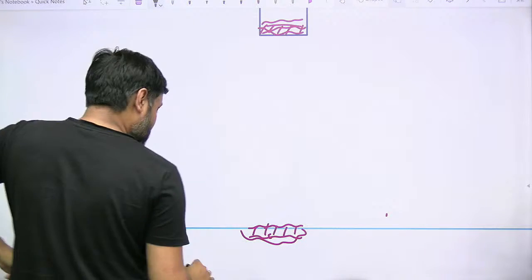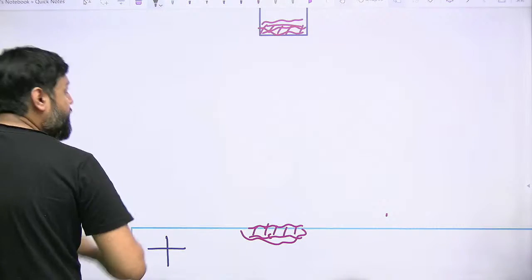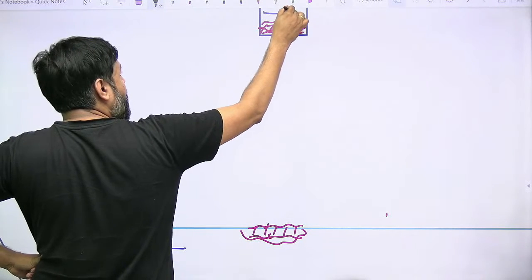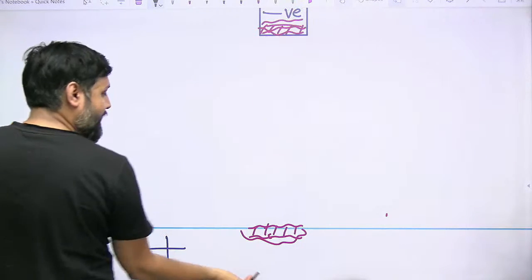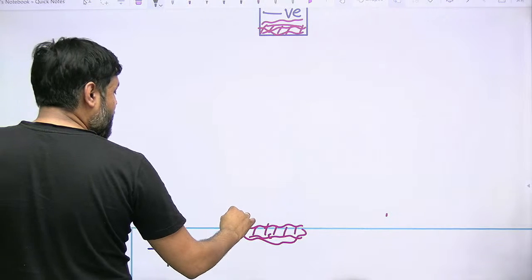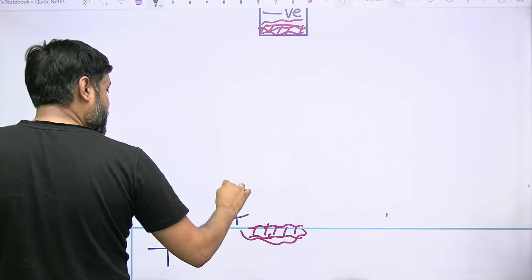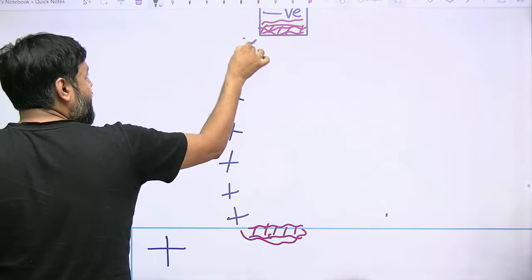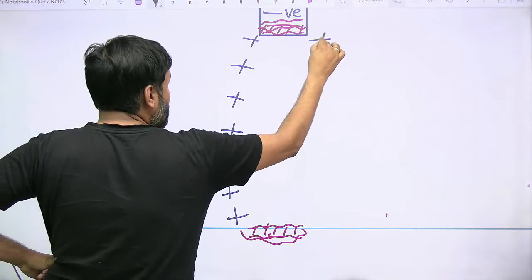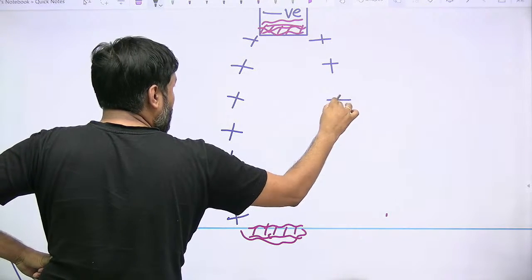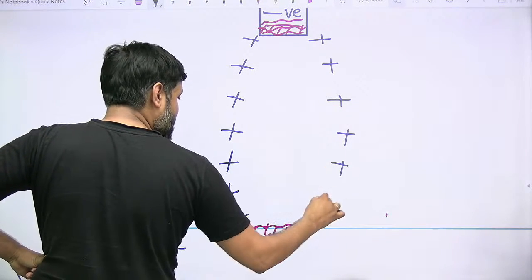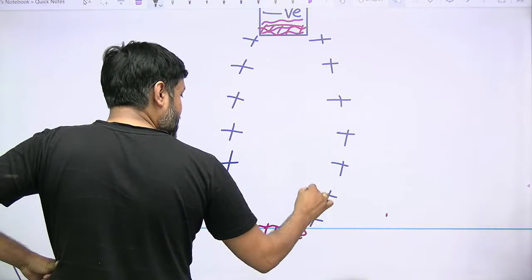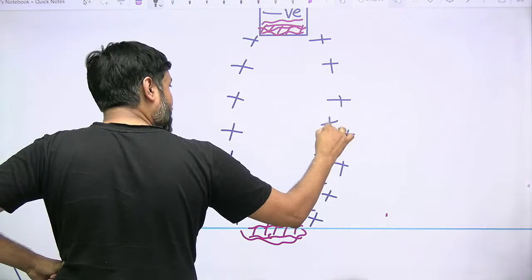As I told you, workpiece side is positive, electrode side is negative. So from the workpiece side, positive ions will emit, and these positive ions, my dear, will be attracted towards the negative end, which is the electrode.